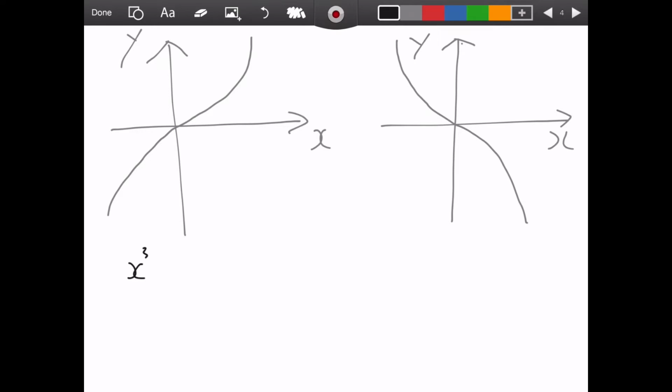But my question to you is, which one is a positive x cube graph, which means, let me write it down in proper equation, y equal to x cube, and which one is a y equal to minus x cube graph.